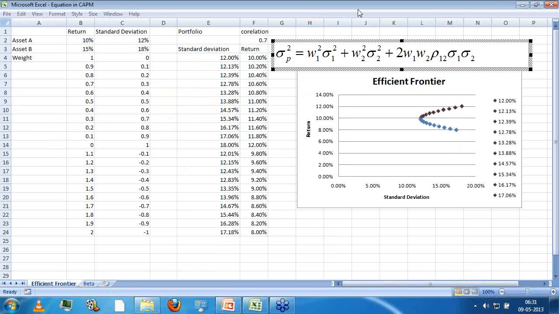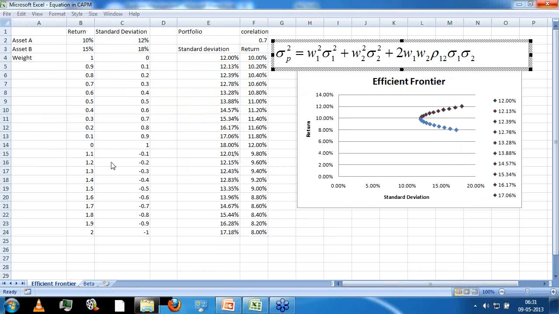So we'll try to explain our discussion here. In this case, different weights of asset A and asset B, we calculated for that, right? So this is the selected one for the asset. For a given risk, there are two different kinds of returns.